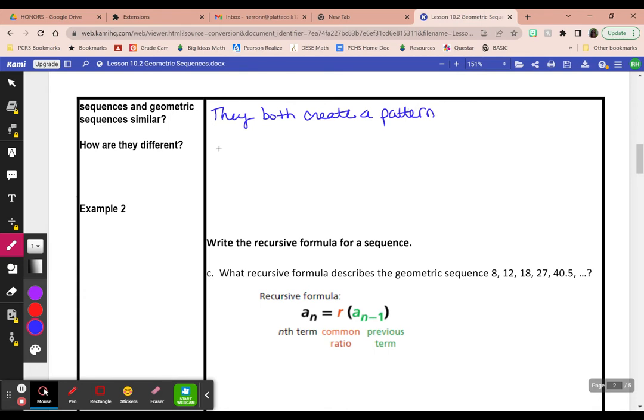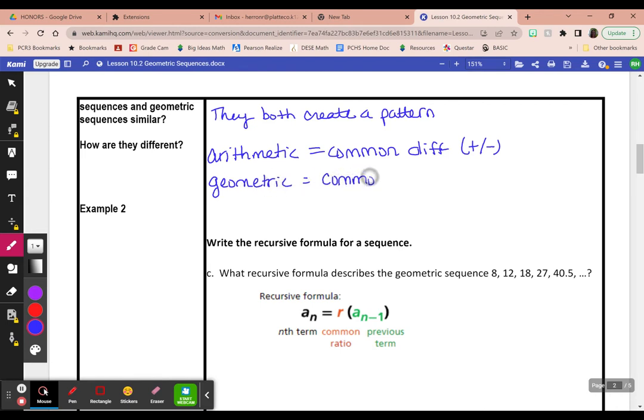And they're different because the arithmetic is going to be with a common difference, right? And it has addition, subtraction, and geometric is a common ratio, which would be multiplication.